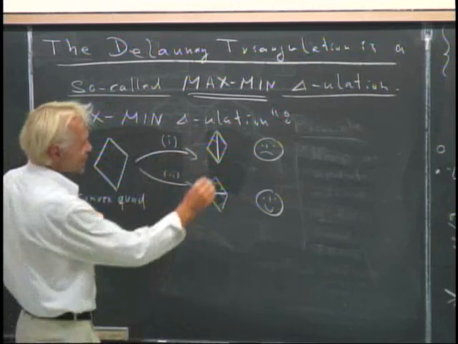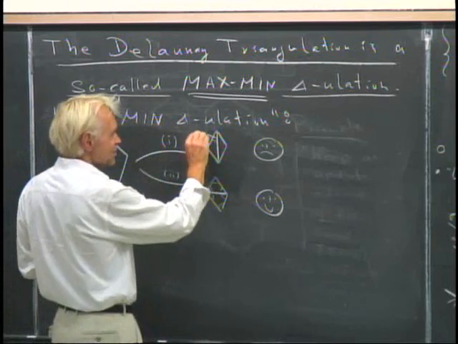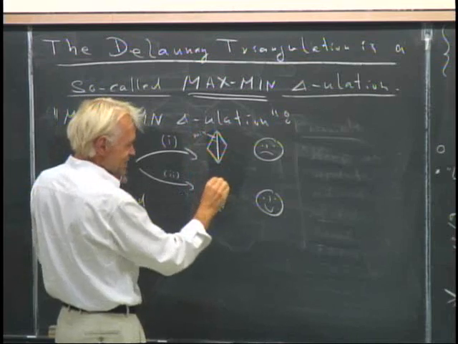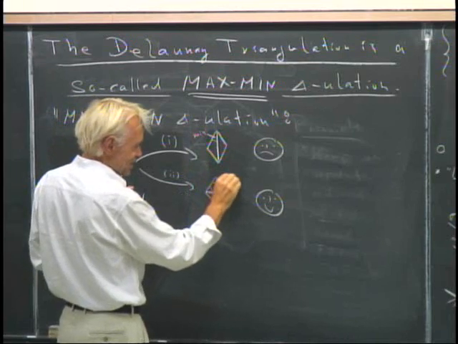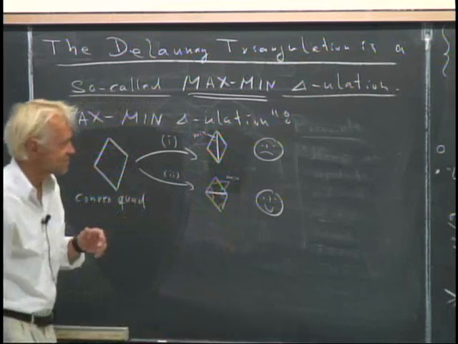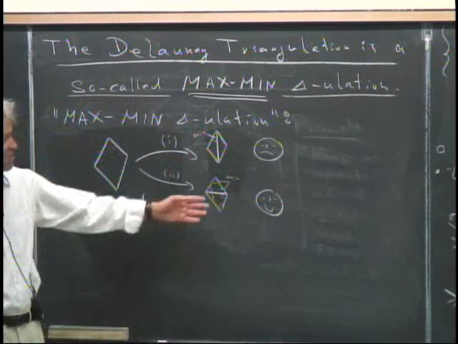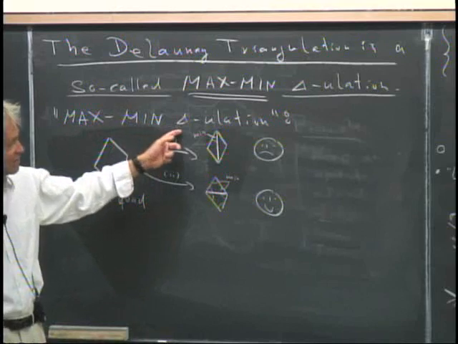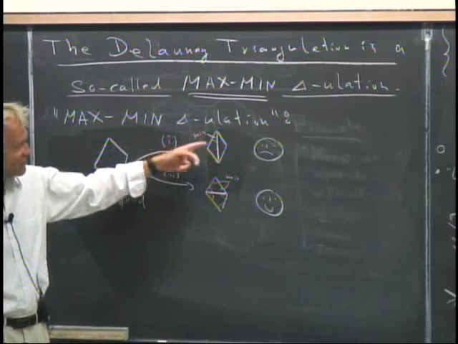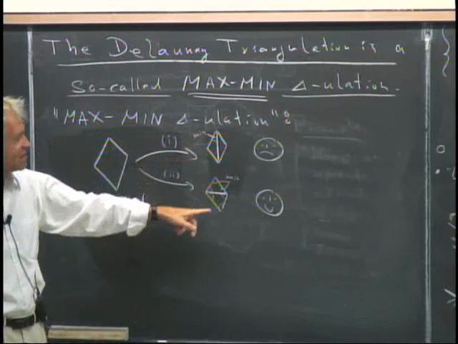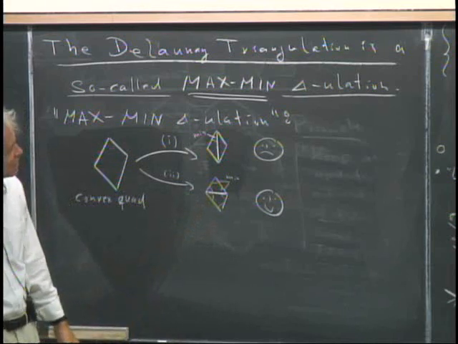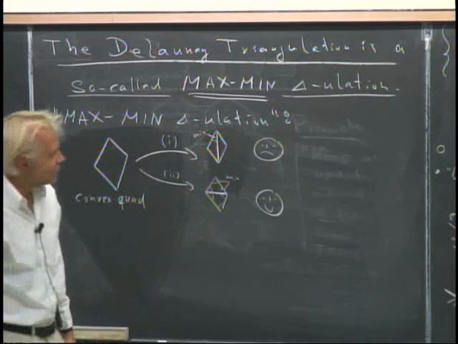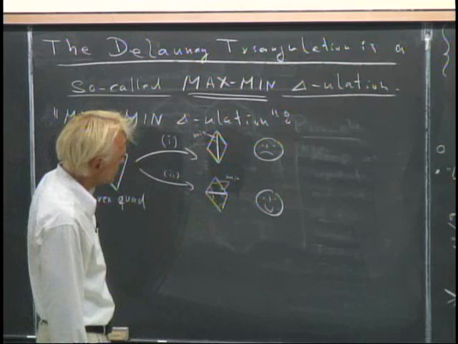So this is the min angle, and here we have 6 times the same angle, 60 degrees. This is more than 60 degrees, so that's why we like this better. In the spirit of maximizing the minimum angle of the 6 angles that we have in the triangulation of a convex quadrilateral. Okay.